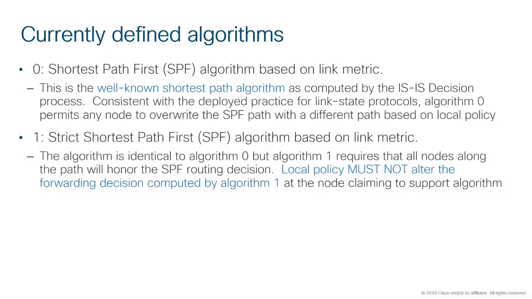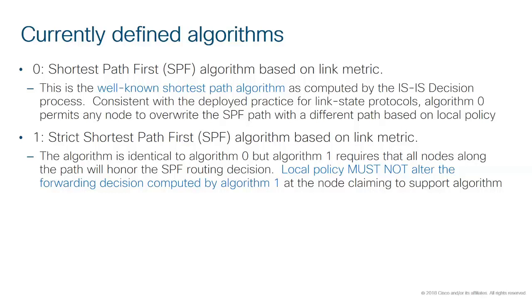if Gaurav is sending two prefixes, let's say 16,000 for algorithm 0 and 16,001 for algorithm 1, normally they will follow the same path. The only difference is that if there is intermediate policy-based routing or intermediate traffic engineering on the path between me and Gaurav, the path of 16,000 for algorithm 0 could be changed, while the strict algorithm, the 1, is never changed.